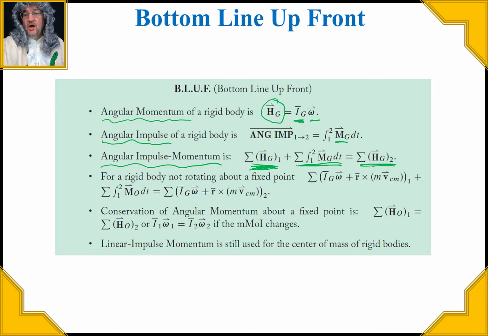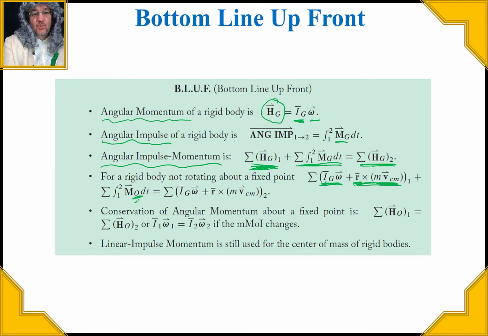We could also take a look at the angular momentum about the center of gravity, plus the distance to the center of mass, the distance from where we're taking it about.